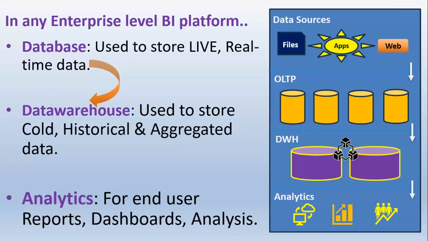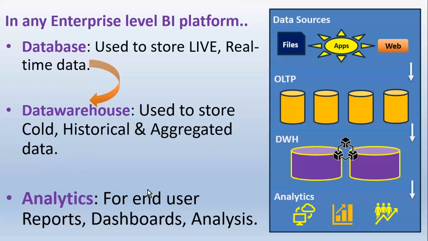Data warehouse is used to store cold, inactive, historical, and aggregated data. What is that again? Database: to store live real-time data. Data warehouse: to store cold, historical, and aggregated data.